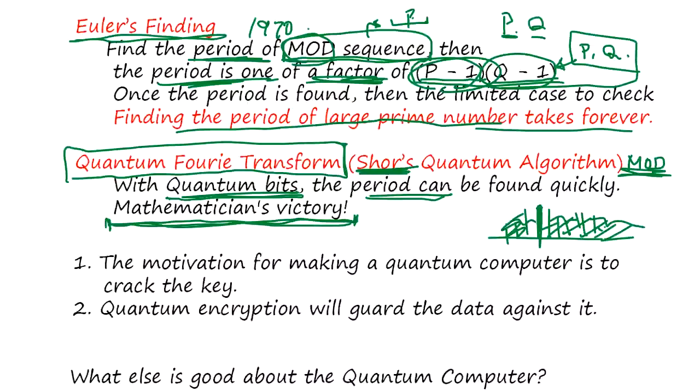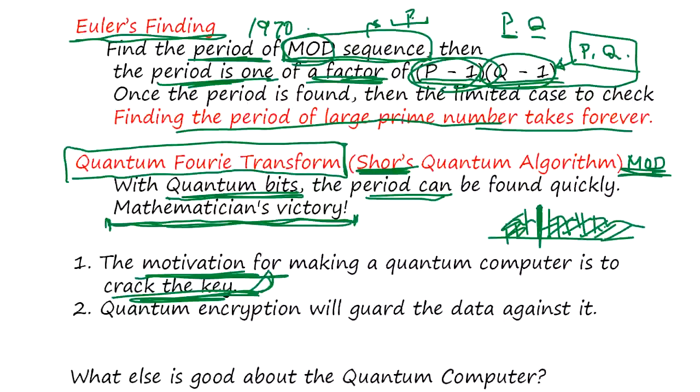So we can hack the key for encryption. As I said, the motivation is to crack the key, and that's why everybody is talking about and investing in quantum computers.